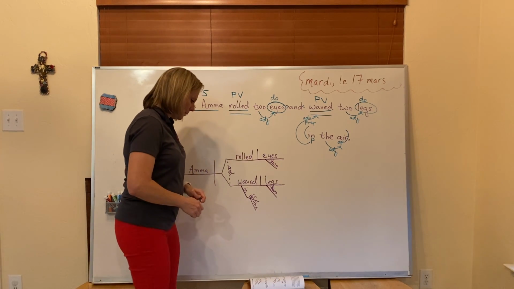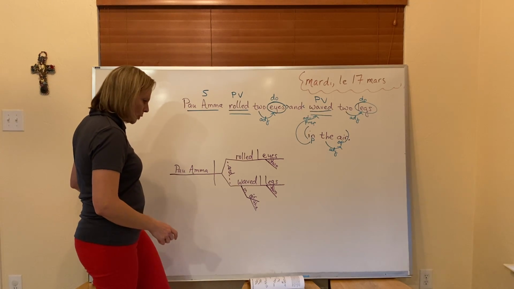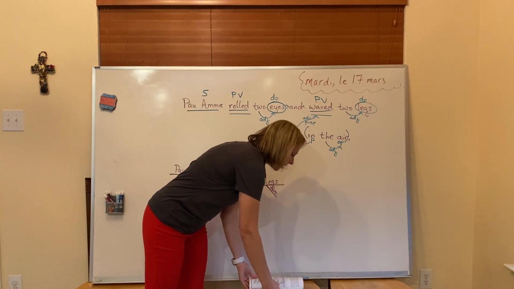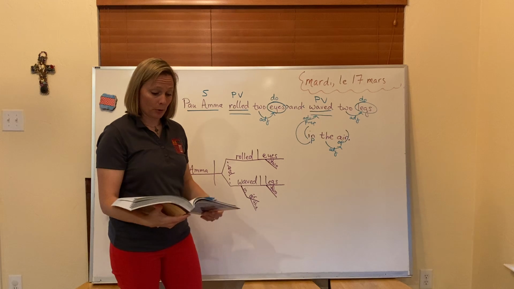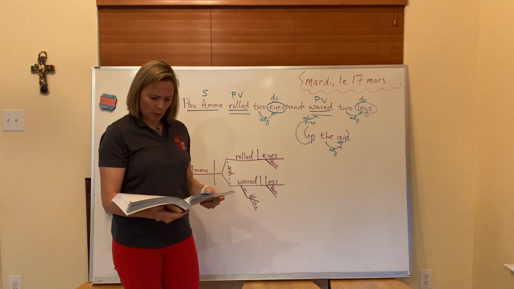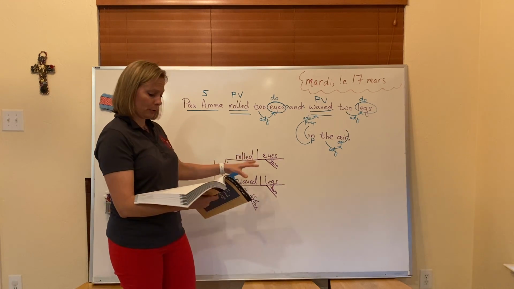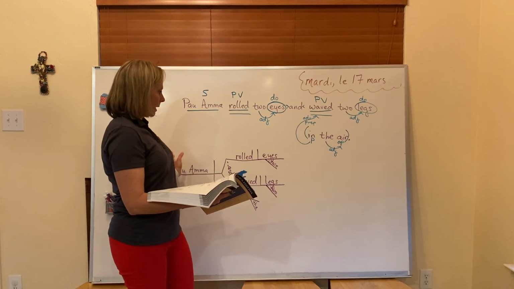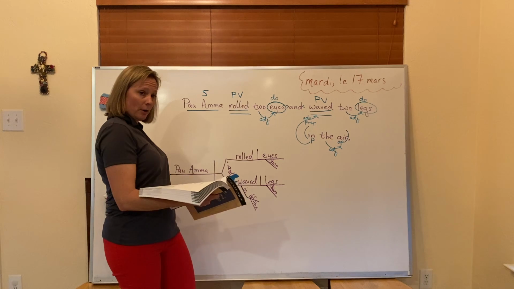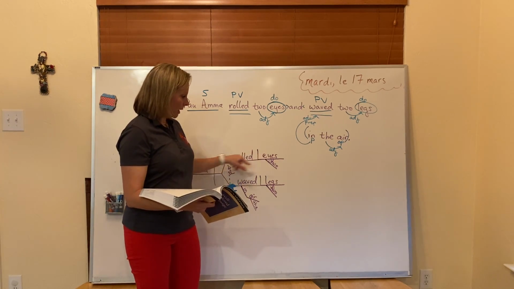Now, the rest of the book, or the rest of the chapter, shows some other compound elements and how to diagram those. I want you to take a look at those. It's very similar to the way that we've diagrammed all this other stuff. Subjects, we have a spaceship over here. Verbs, we have a spaceship over here.